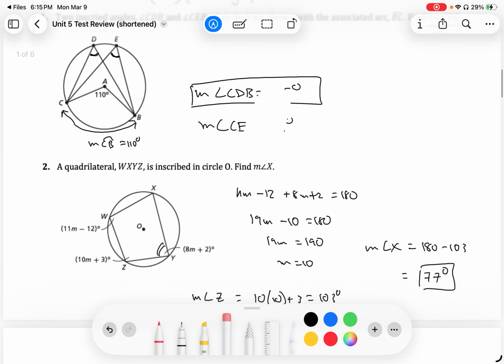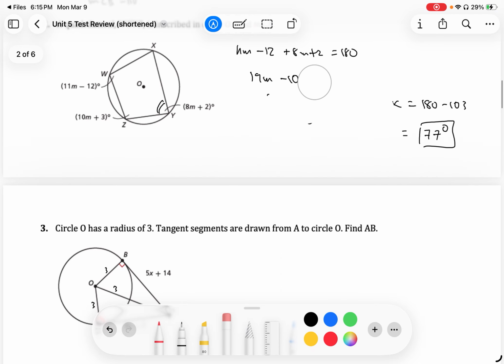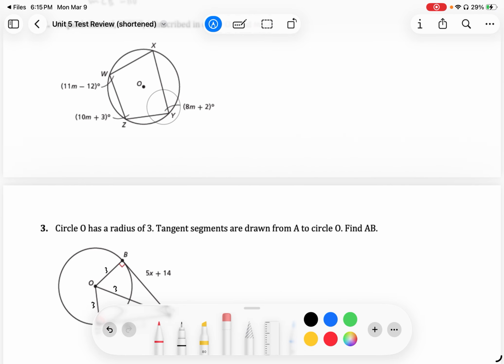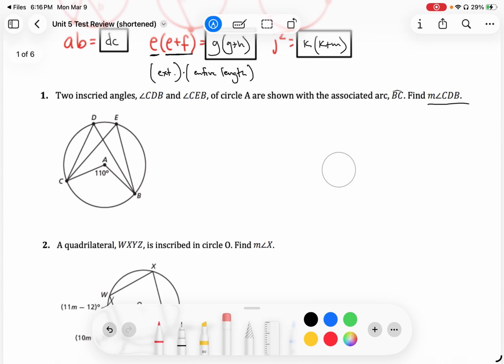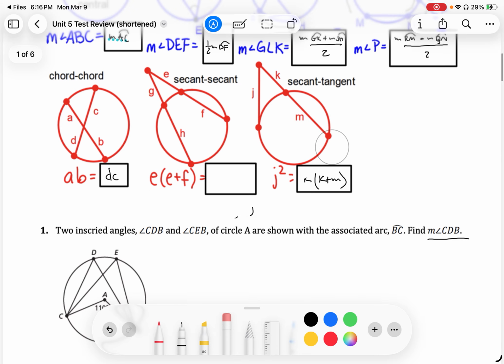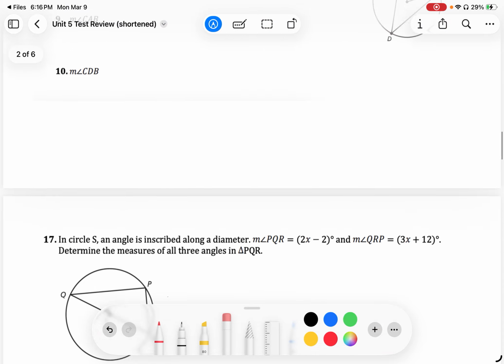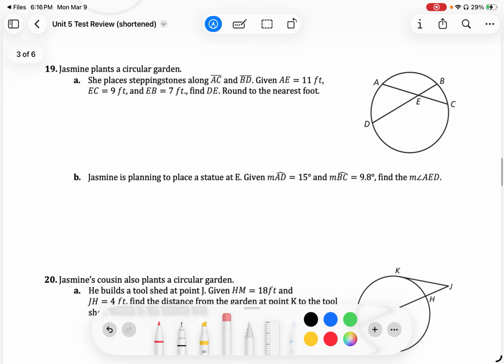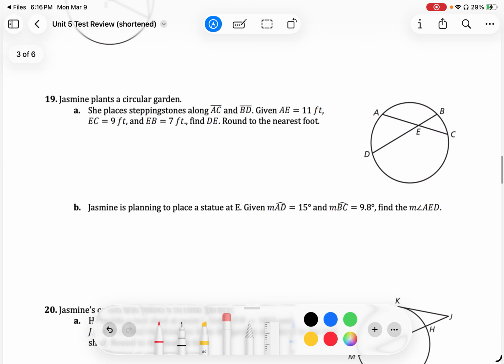So, of course, you can fast forward this if you want to. Okay, let's see if that helps. Okay, where were we? 19 and 20, and then we'll take a break and maybe do a new video.